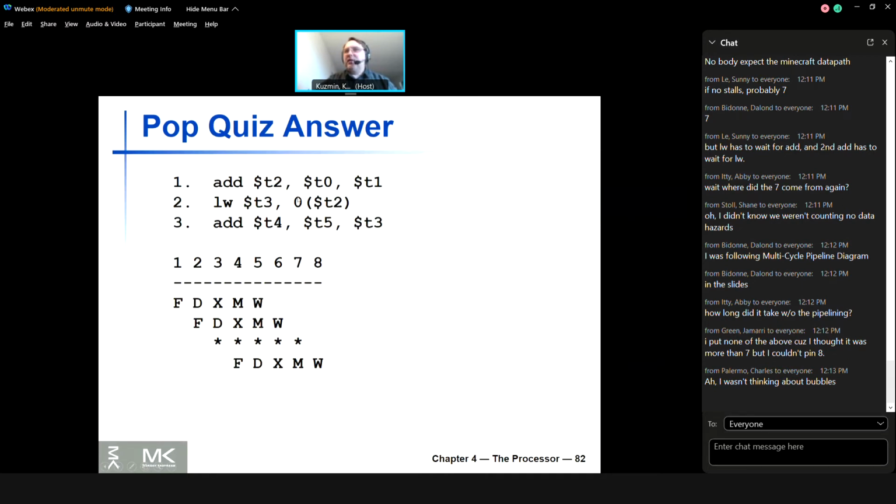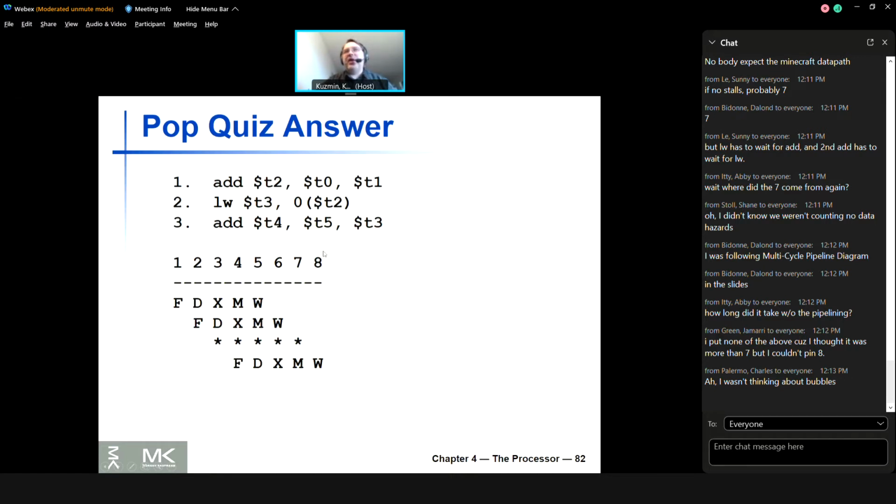We see that in this case it's sufficient to have just one stall. We are not putting F and D here, but it doesn't really matter. We put all 5 stages here, and the format is very slightly different from your homework, but the end result would be the same. So it takes 8 clock cycles in all to execute these instructions.